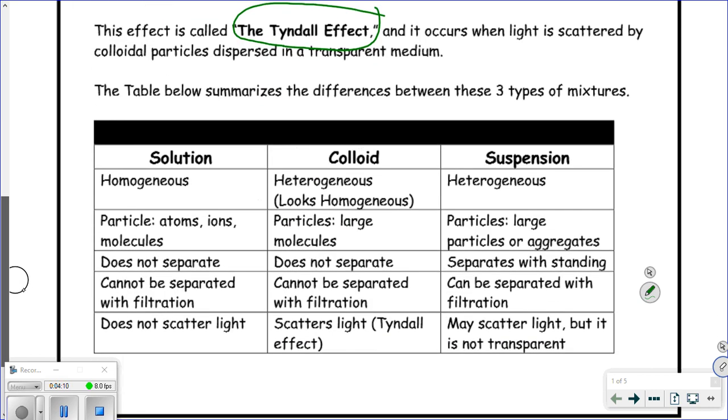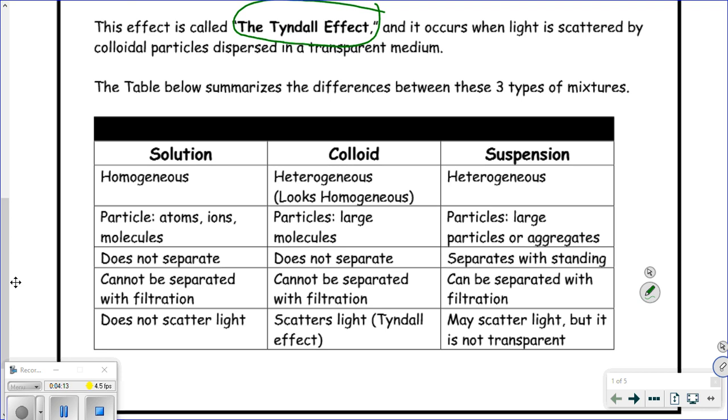Now, here are some differences between the solution, colloid, and the suspension, okay? Solutions are homogeneous. Our particles are atoms, ions, and molecules. They do not separate, and you can't separate them with simple filtration, okay? They also don't scatter light. A colloid is heterogeneous, but it looks homogeneous.